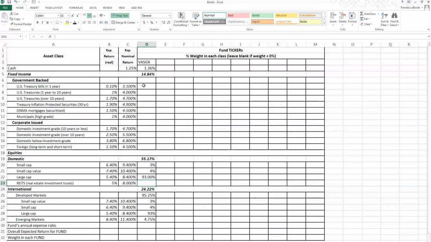Now it's time to categorize my bonds, my fixed income securities. The first major classification I need to know is what percentage are government backed, what percentage are corporate issued.